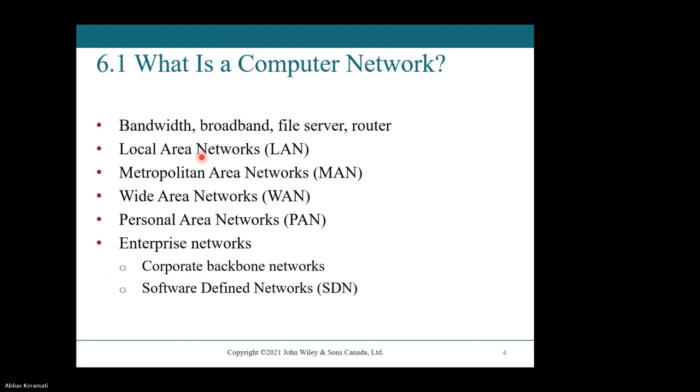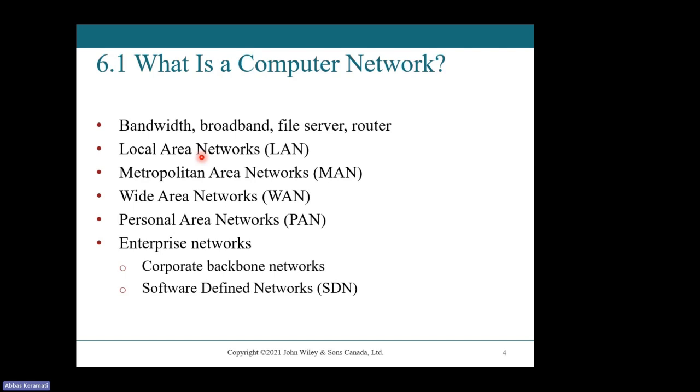So, first of all, what is a computer network? A computer network includes more than one computer. If you connect more than one device, like two, three, four, five devices, then you have a network. At least you need two devices connected, for example two laptops, or one PC and one laptop.